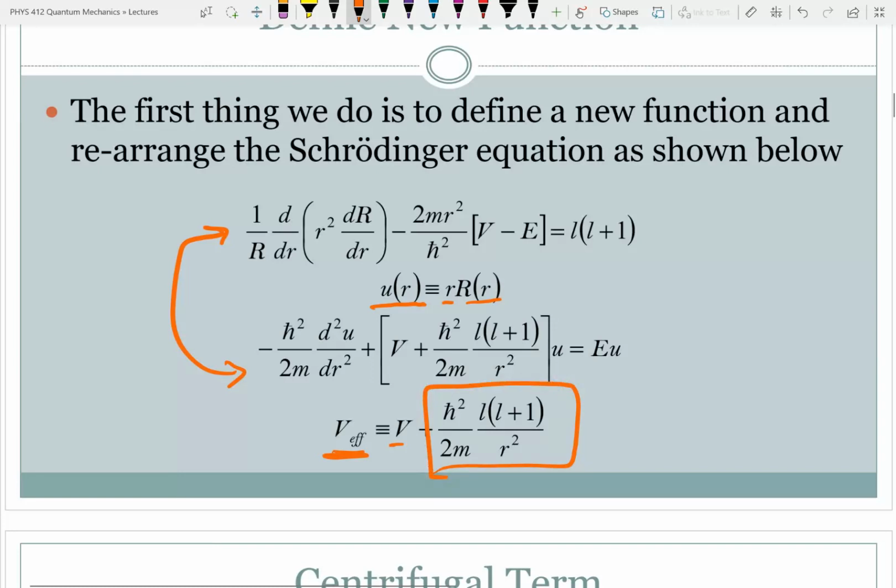Christopher asked, why is it called centrifugal term if we know from physics that centrifugal force is a fictitious force? And my answer was, this is a potential energy that has to do with, in order to go in a circle, it would appear like you have something pulling it out, a centrifugal force, so that you have to put a force inward.